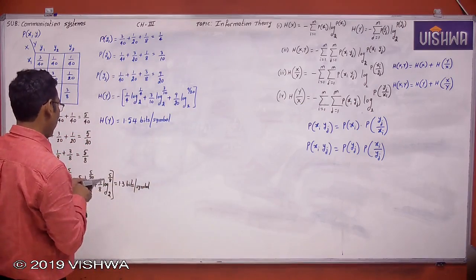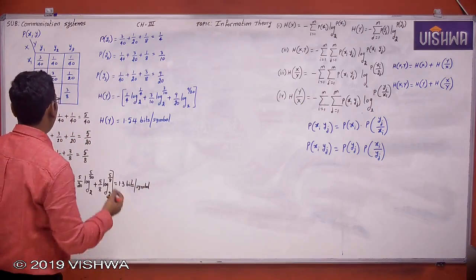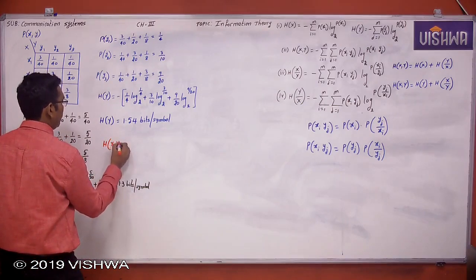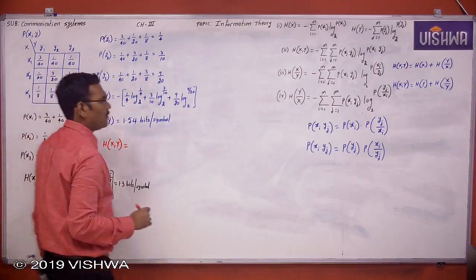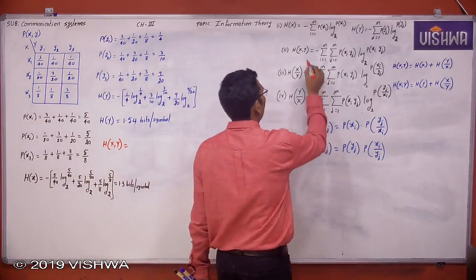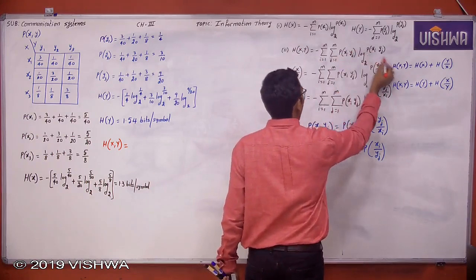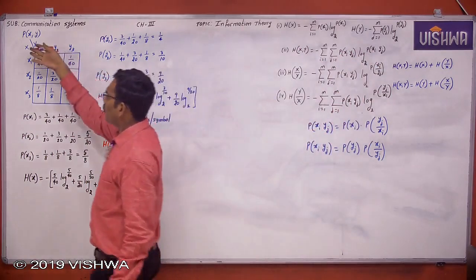Now we want to find the joint entropy. What is the joint entropy? H of x comma y. You tell me how to find h of x comma y. If you want to find a joint entropy, we require the joint probability. Already the question has given the joint probability itself.